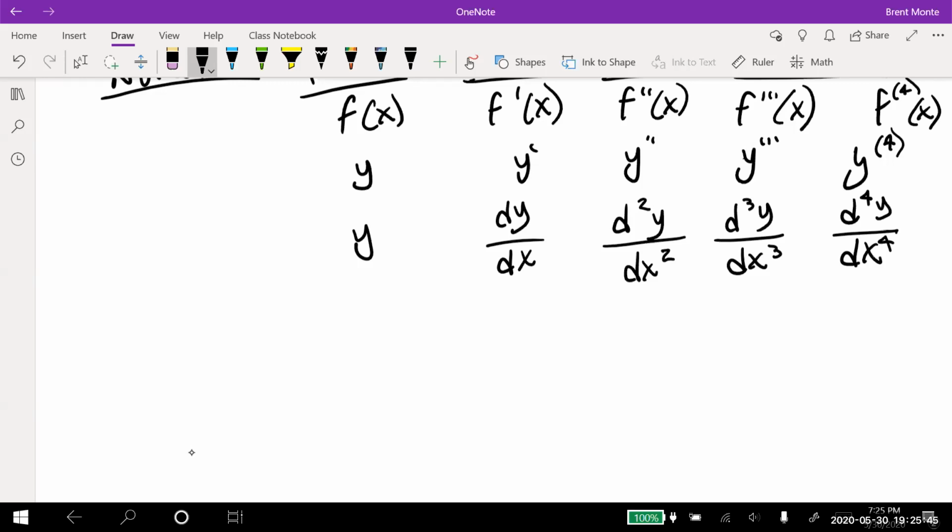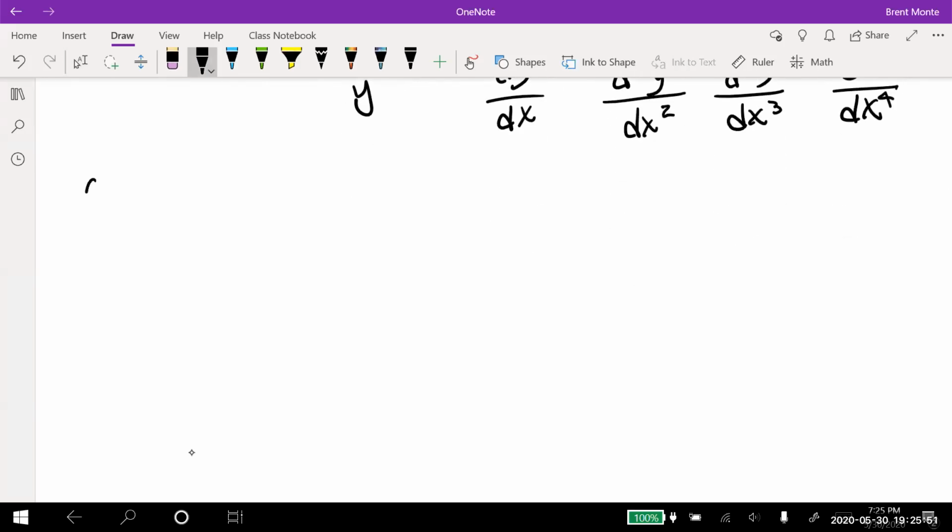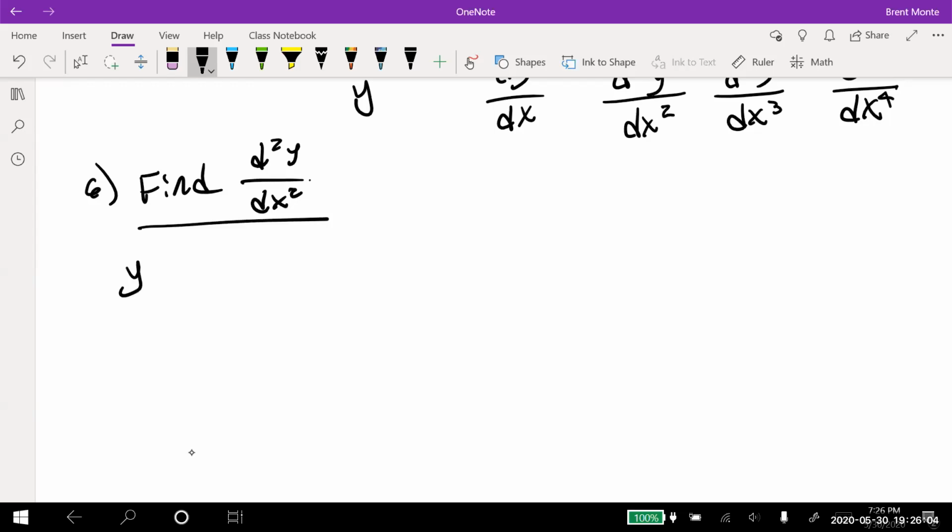Okay, so let's do a couple examples. And these are, as I mentioned, pretty quick and straightforward. Here's problem 6. And what it says is find d2y over dx2, which we know just means find the second derivative. The problem is y equals 4x squared minus 5x plus 7.